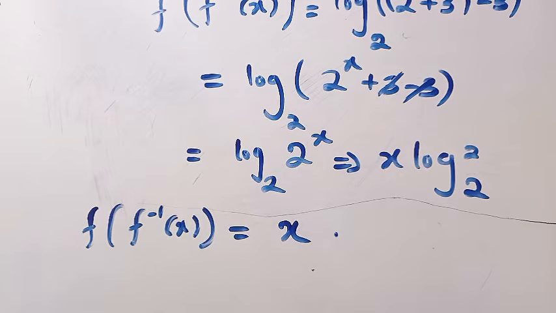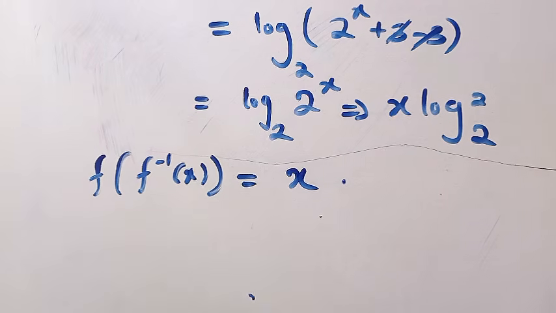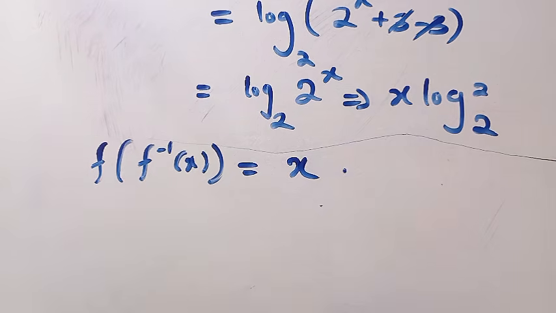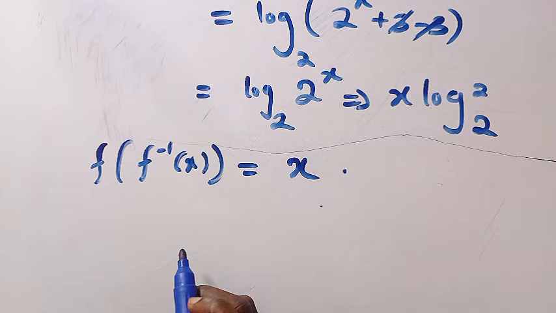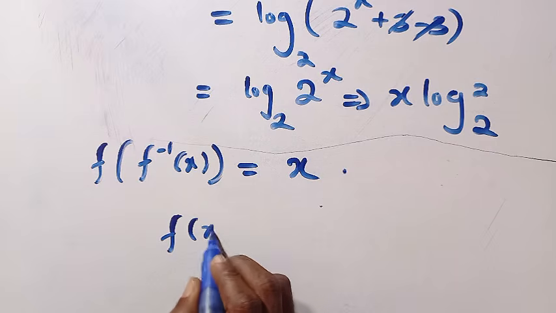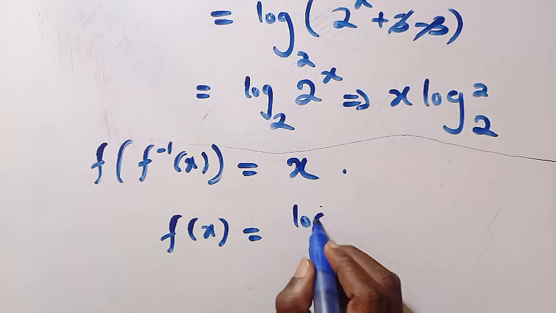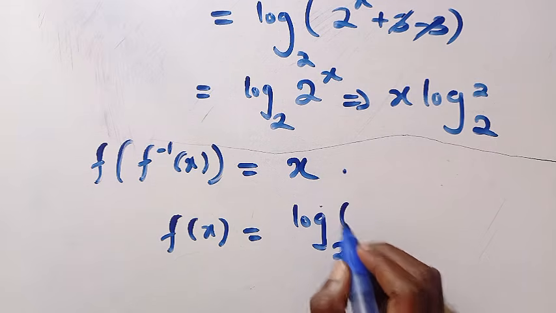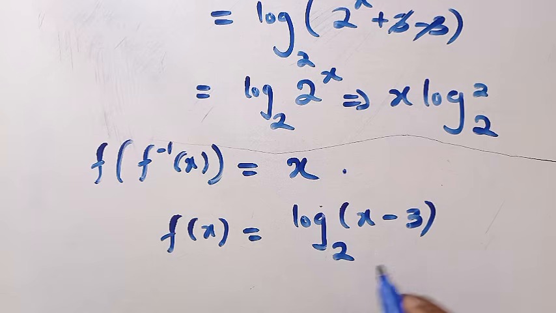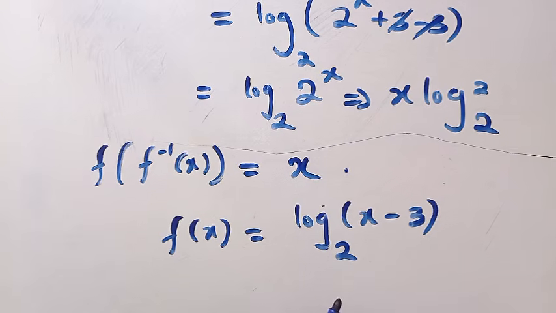And another way, you can still prove it using the original equation. Suppose I take the inverse of the original function. The original function is f of x equals log base 2 of (x minus 3).